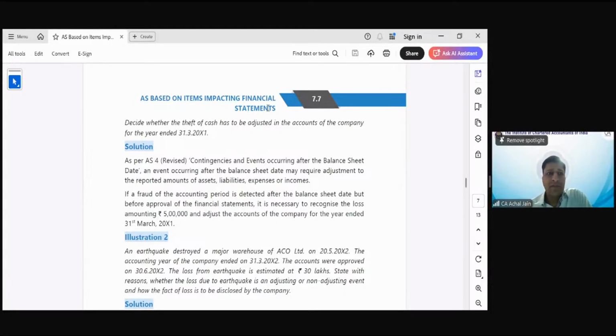Rohan is saying disclosure will be required, means non-adjusting event. Almaz says it's non-adjusting, disclosure is required. Priyanshi says non-adjusting, great. Somya says non-adjusting. Ashda says non-adjusting. Kirti, I think everybody has the same answer. Julie says non-adjusting.